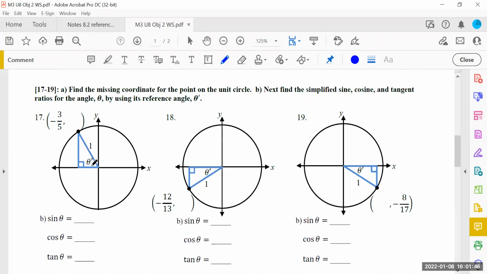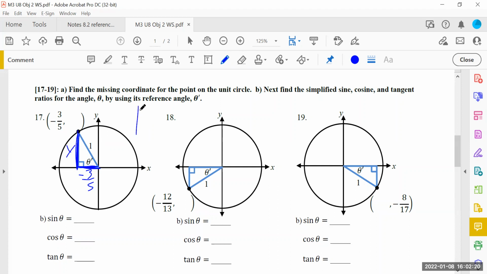We're again building up towards the unit circle. So they're giving me an x coordinate, which means this distance, -3/5, is this right here. And this is 1. If that's the case, I can find this missing side by using the Pythagorean theorem. I can do -3/5 squared plus, call it the y coordinate squared, equals 1 squared.